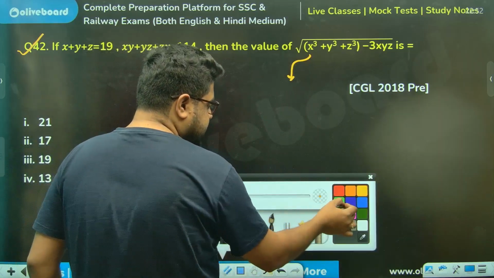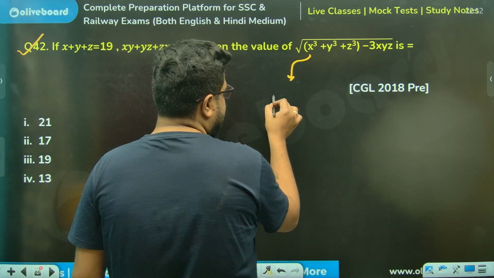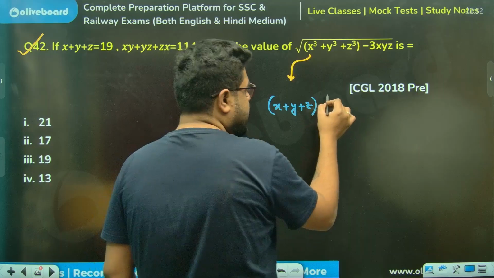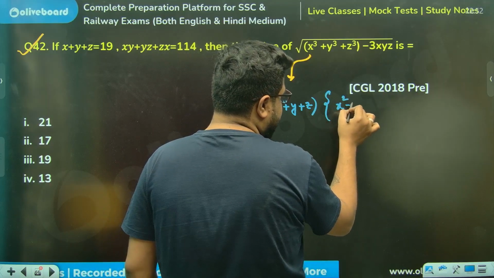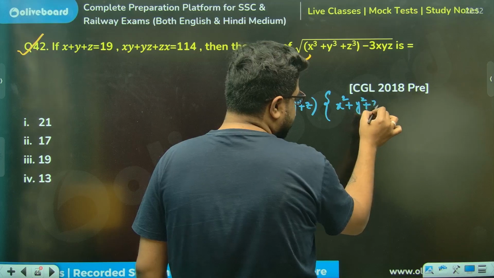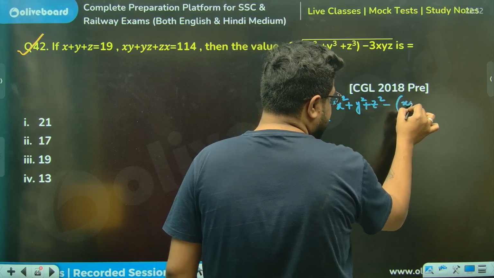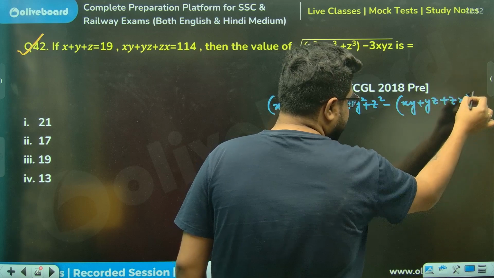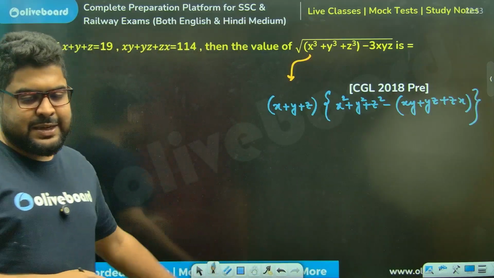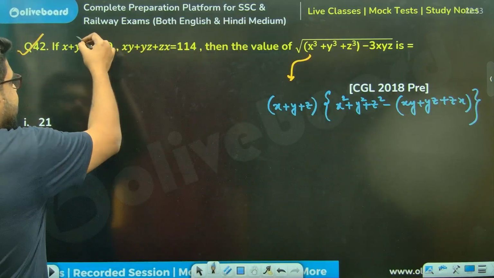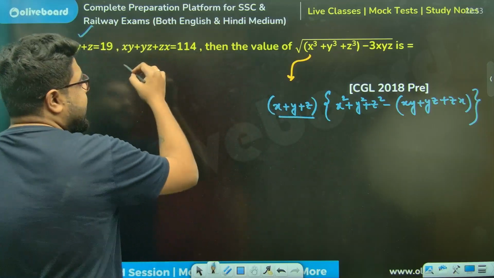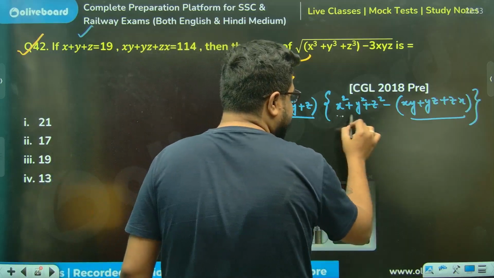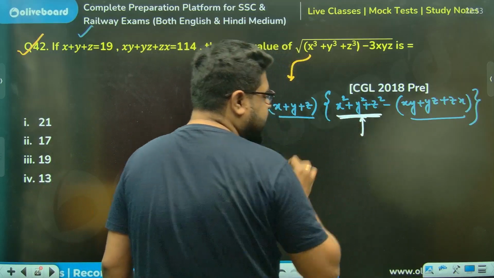What are the parts? x plus y plus z, now x square plus y square plus z square, minus xy plus yz plus zx. Sir, three components. Out of that, I have this component and this component. So what don't I have? I do not have this component, sir. This is what I need to find.